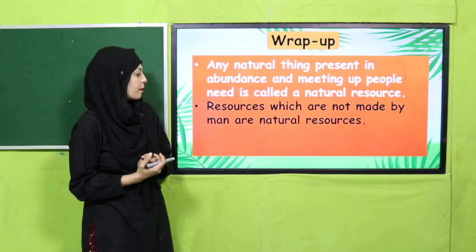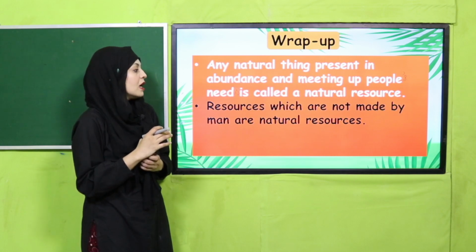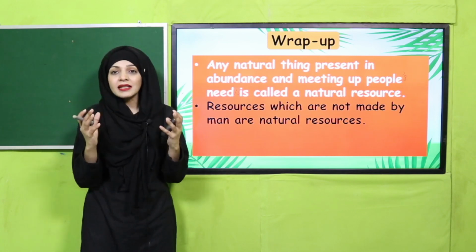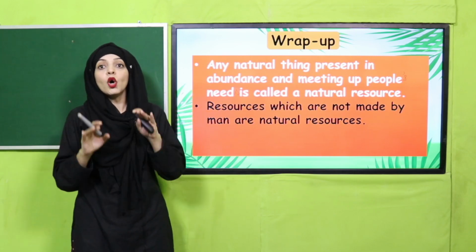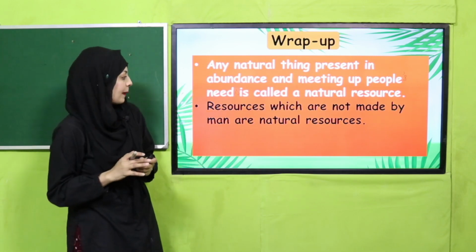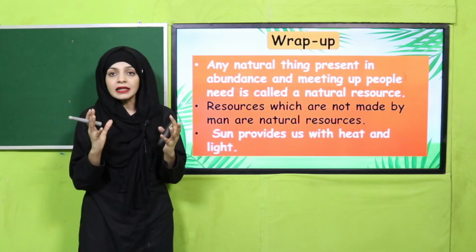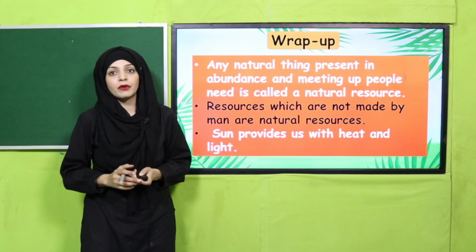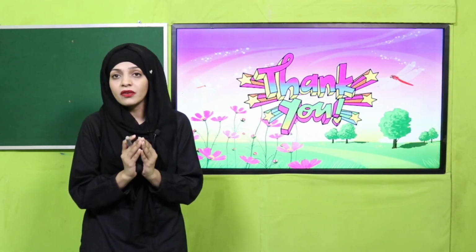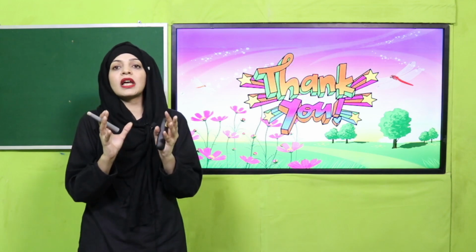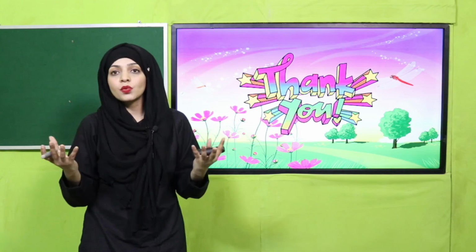Resources which are not made by man are natural resources. ऐसे resources जो अल्लाह ताला ने बनाए हैं, human beings ने नहीं बनाए, उनको हम natural resource कहते हैं. Sun provides us with heat and light और हमने sun के बारे में पढ़ा कि वो हमें heat और light provide करता है. I hope now your concepts are clear about the natural resources and you know that sun is also a natural resource and provides us with lot of benefits.